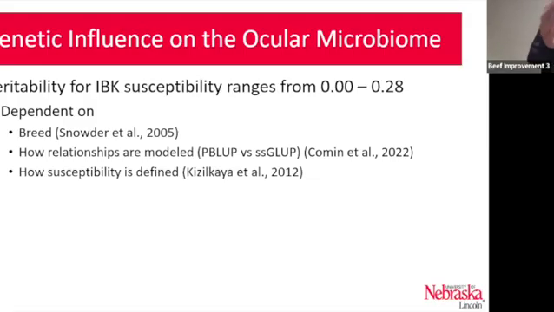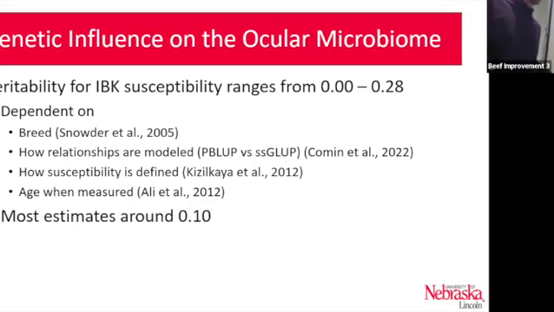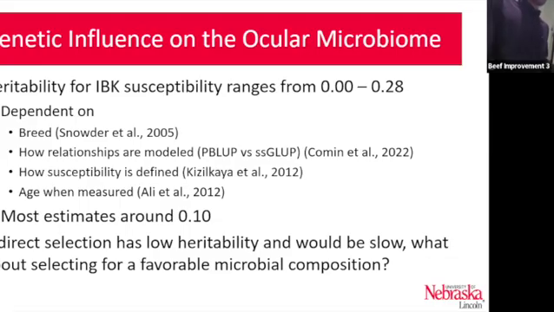Is it a range of how many ulcers they have, or how often they get infections? And then of course, age when measured. Are they pre-weaned, at weaning, after weaning? Long story short, most estimates for heritability for Pinkeye susceptibility range around 0.1.